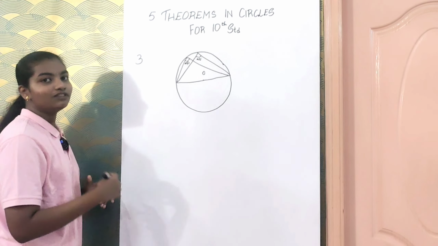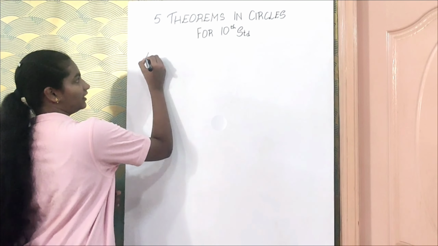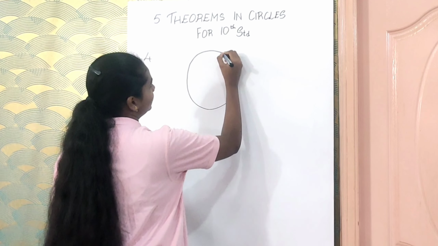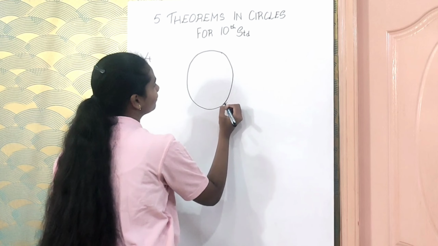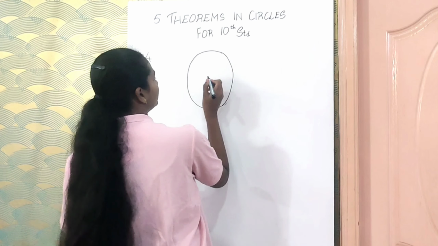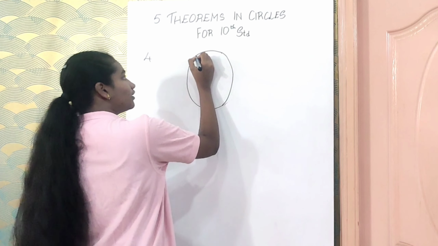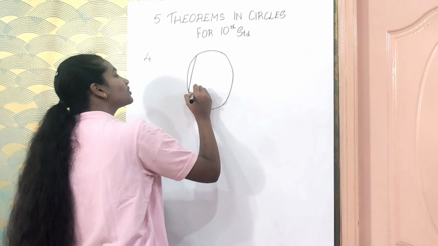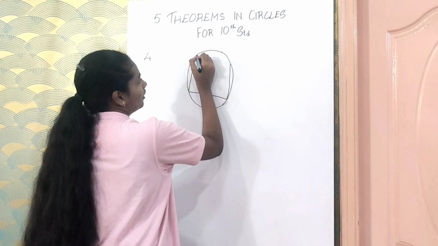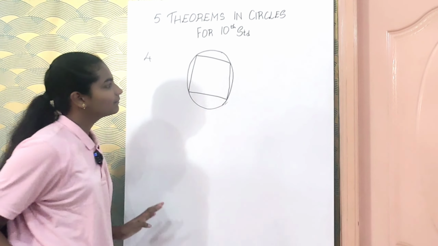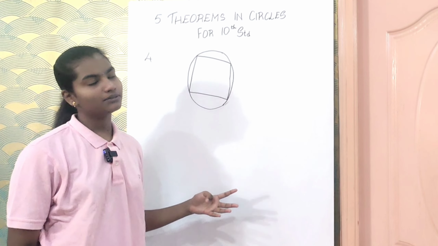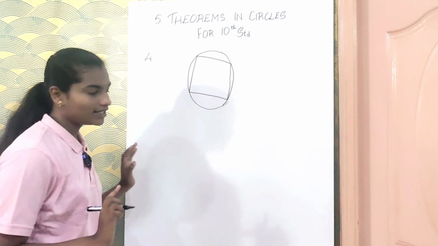Now we'll go to the fourth theorem. Same, I'll take a circle over here. Then now I will take a four-sided figure. What is a four-sided figure called? A quadrilateral. Okay. Now what type of a quadrilateral is this? It is a cyclic quadrilateral. Why? Because the four vertices are on the circumference.